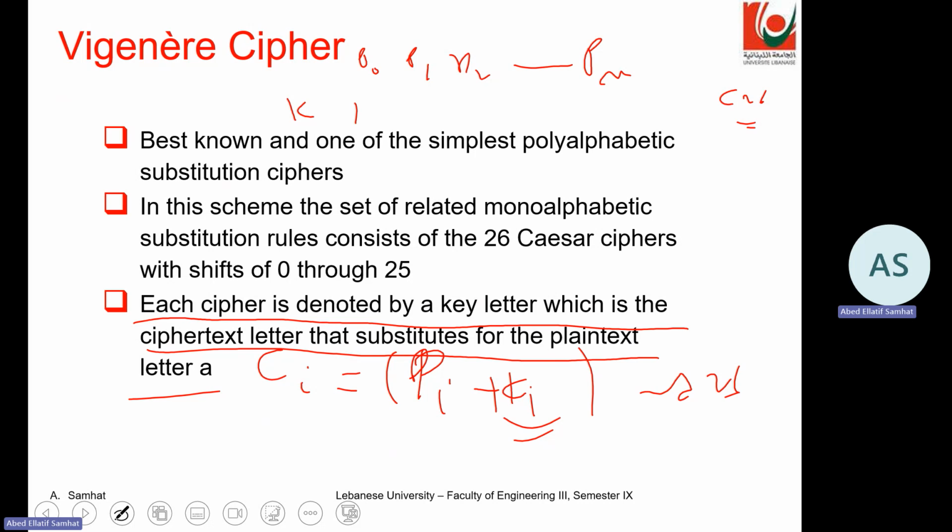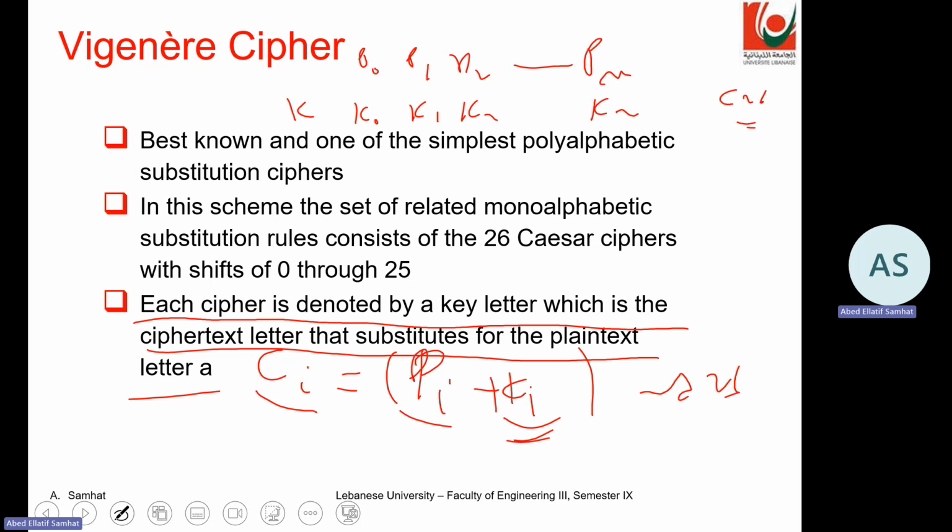The key in this case will be K0, K1, K2 until Kn. The ciphertext for each one will be different: Ci equals Pi plus Ki.